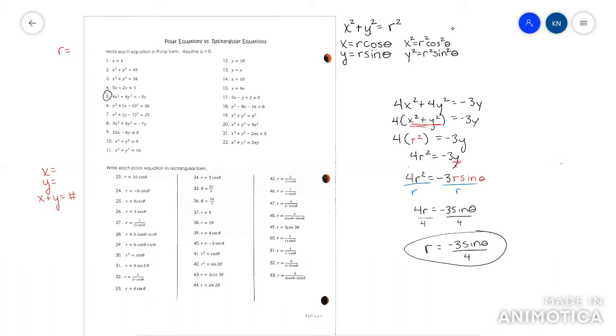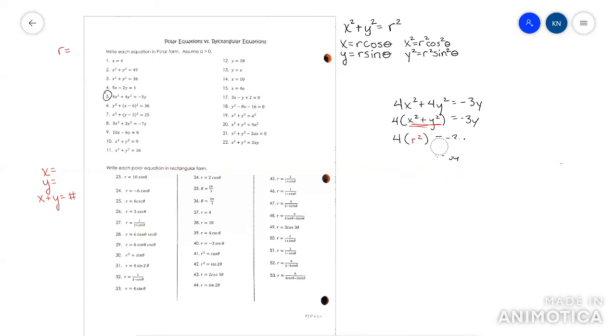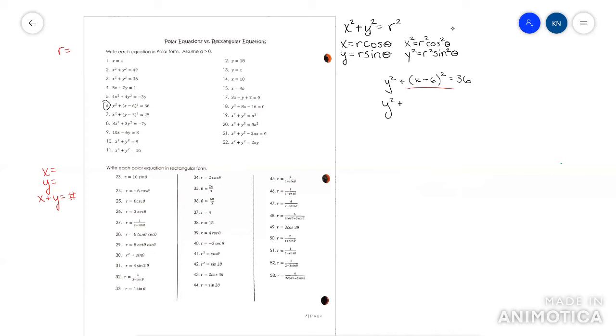Well, let's look at an even trickier one, like number 6. Okay, if I was approaching this problem, the first thing I'd realize is they gave me y squared, but they didn't give me x squared. Well, they kind of did when they gave you this right here. You're going to need to FOIL that out.